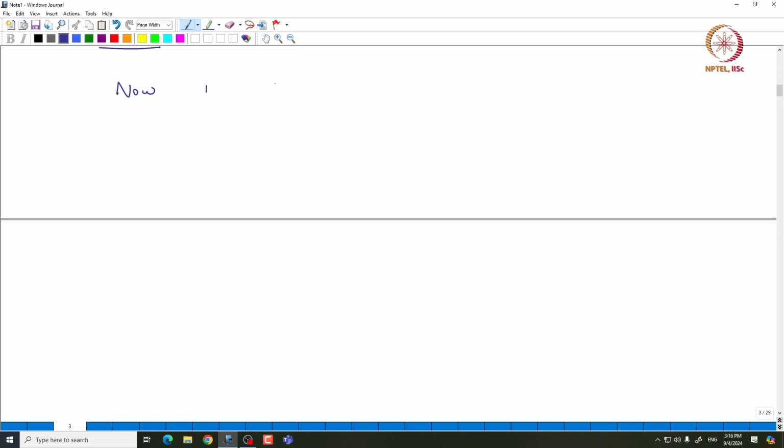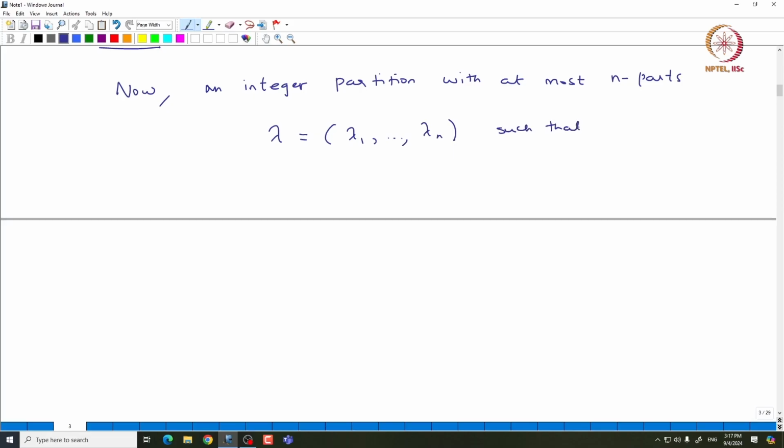Okay. So, an integer partition with at most n parts is defined to be lambda, which is a tuple lambda 1 through lambda n, such that each lambda i is non-negative.